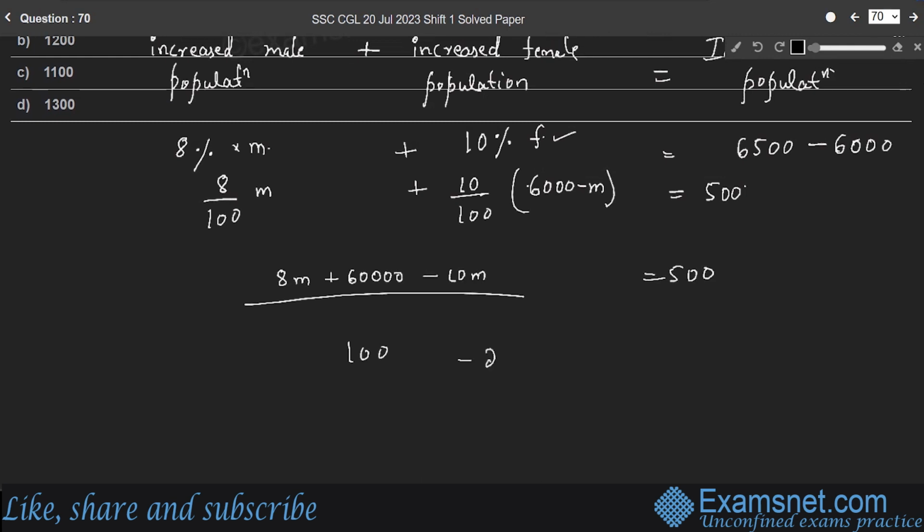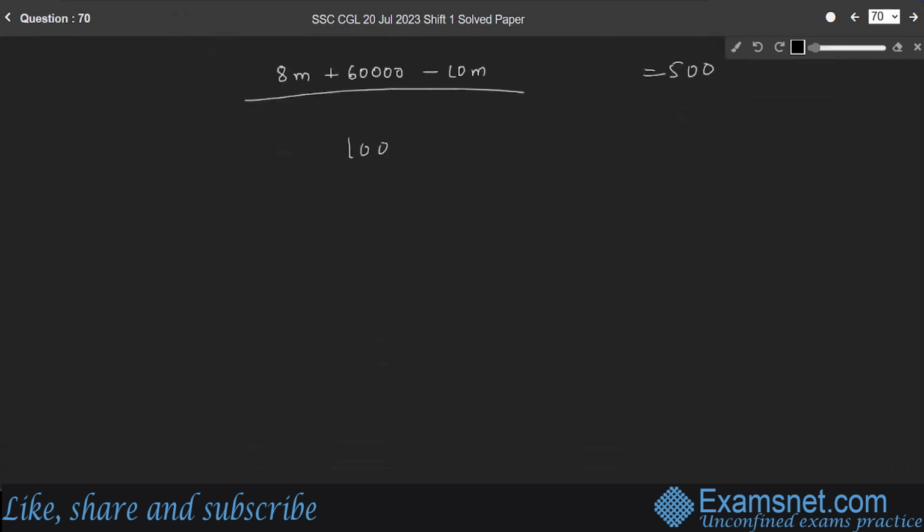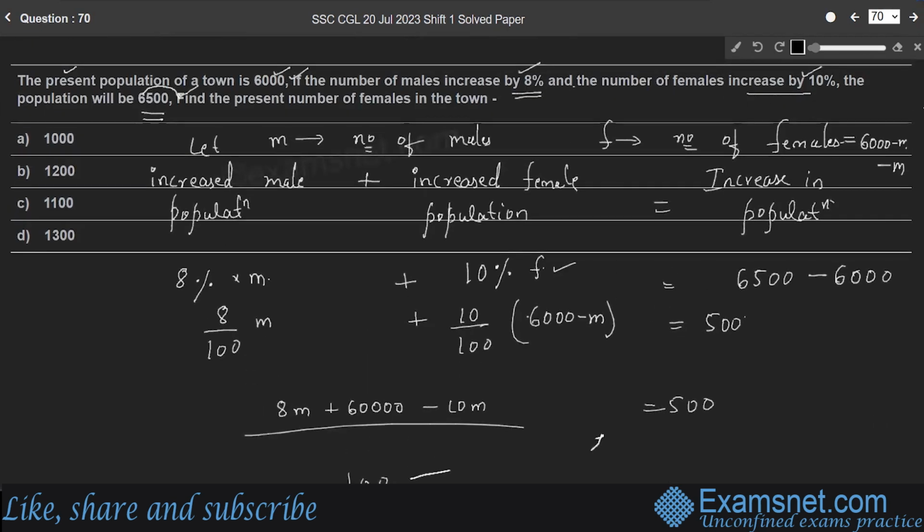Therefore, minus 2M plus 60,000 is equal to 50,000. Take this 100 to the RHS. Therefore, minus 2M becomes 50,000 minus 60,000, which is minus 10,000. Therefore, the number of males in the given town is equal to 5,000. There are 5,000 males in the town.